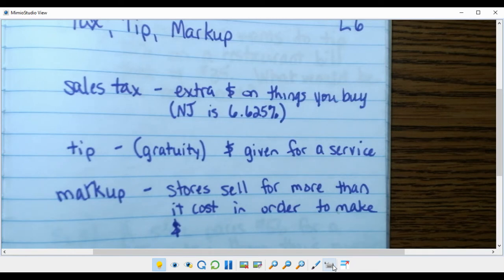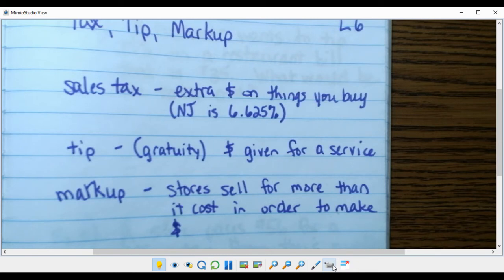And the other word they use is gratuity. If you're good with your prefixes, gratuity is like gratitude. So like, hey, you did a really nice job on my car. Let me give you a little bit of extra money. That's a tip. Your server at a restaurant, every time my soda got down to like the last little bit, another one just magically appeared and I didn't have to ask for it. You might give them a tip, a little bit of extra money as a thank you for good service.